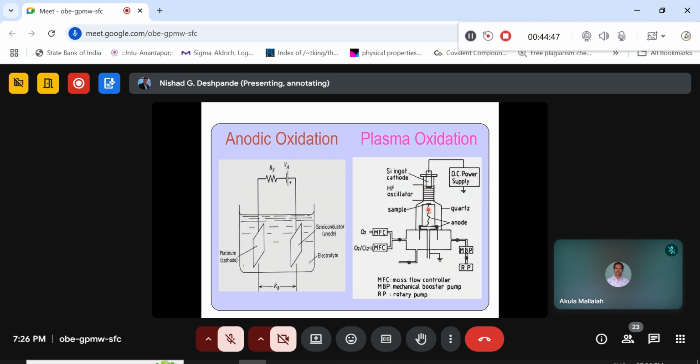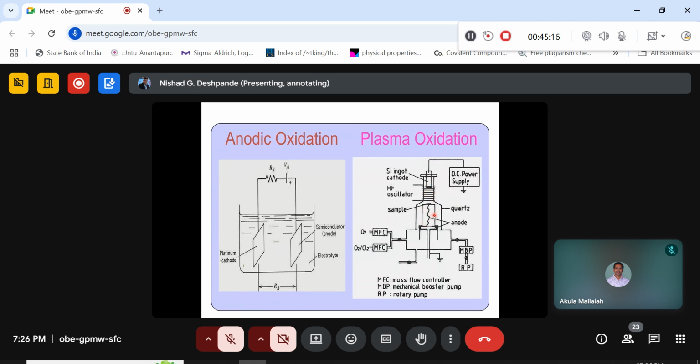Okay, so again in this case, you can see that a silicon cathode is being utilized here. Although this is a very good technique, it is limited by the dimensions of this particular apparatus. You cannot have a bigger apparatus for this, because most of the time the plasma is being done at very narrow distances or area.